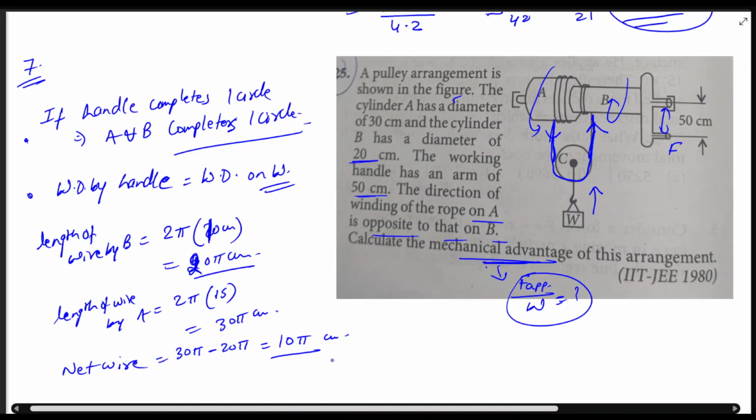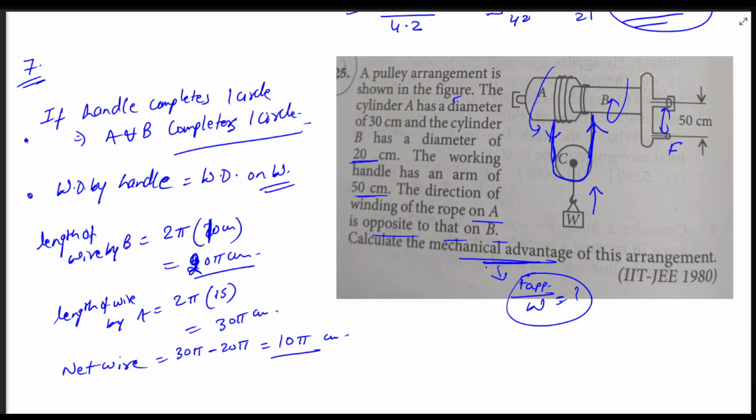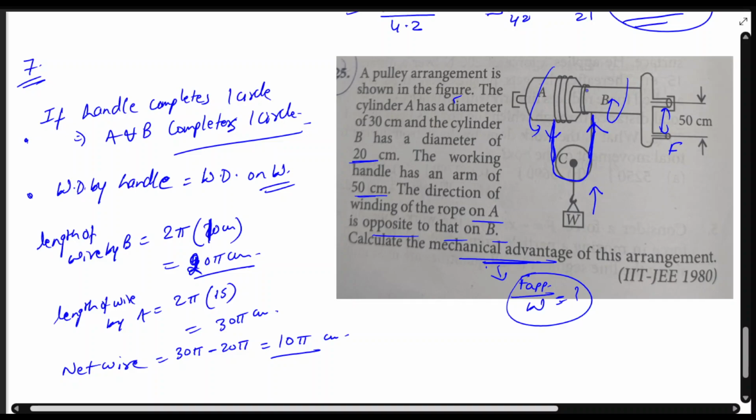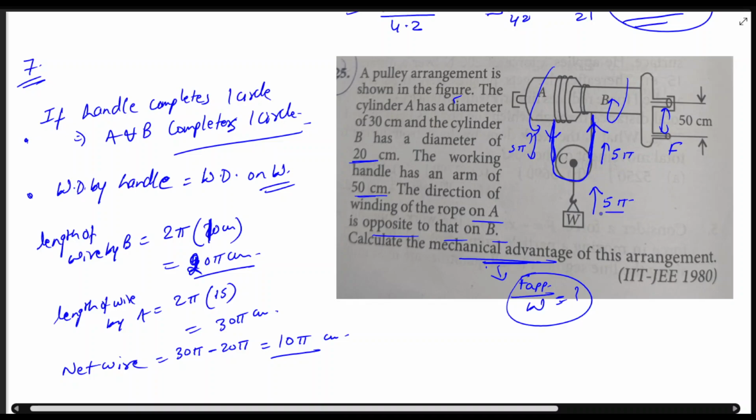So it will be 10 pi centimeter, right? So look, if 10 pi of the wire is coiled around this arrangement, then this side must be giving 5 pi and also this side is giving 5 pi, right? So the weight is going up by a length 5 pi in the upward direction.